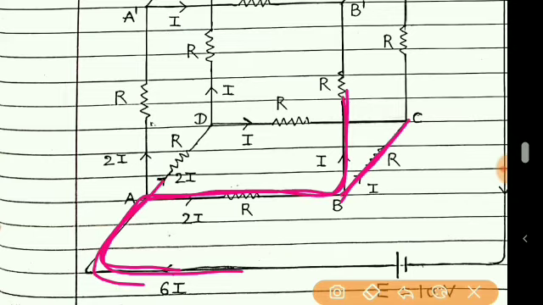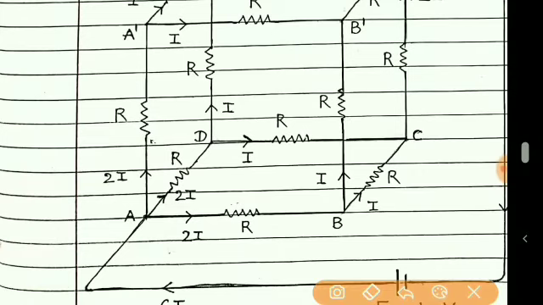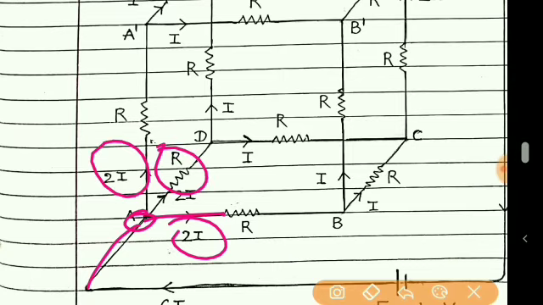If we move along this, then also it divides into two. And if we move along this, then also it divides into two. And everywhere the resistance is the same for that division also. So there is some symmetry in the network, and so the division of current is equal. Otherwise, if there is no symmetry, then these currents which are dividing from the junction can be different.